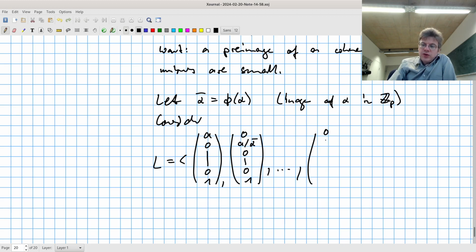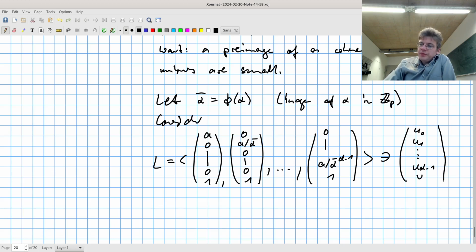Or you take 0, 0, 0, A over alpha bar to the d minus 1, 1. And then this will be a lattice that contains u0, u1 up to ud minus 1 and v.